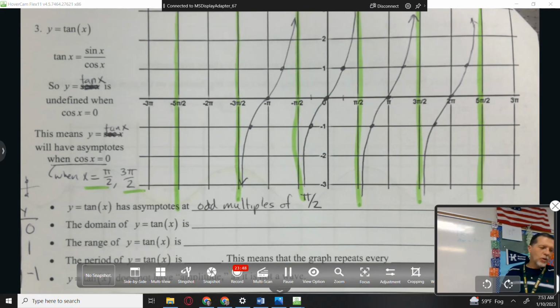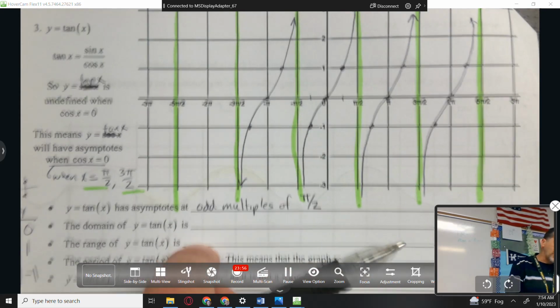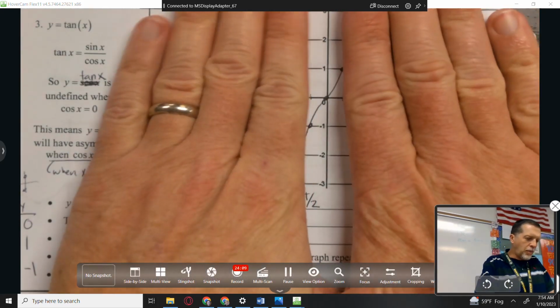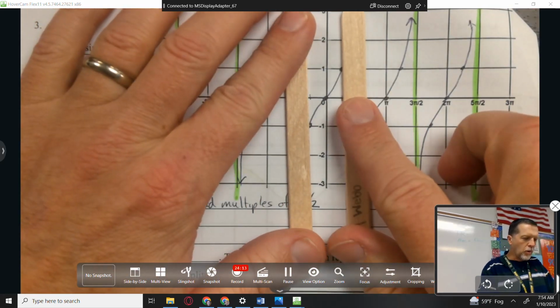Okay, so tangent, super different than sine and cosine. In fact, it's also different enough from cotangent. Let's go ahead and answer the questions first. The domain, what's the domain of tangent? Okay, so I heard negative pi over 4 to pi over 4, and I get what you're looking at. But it's more than that, right?